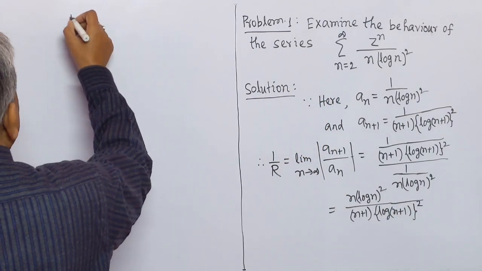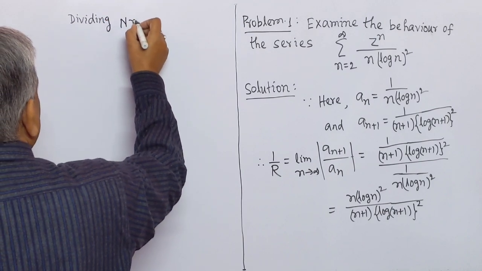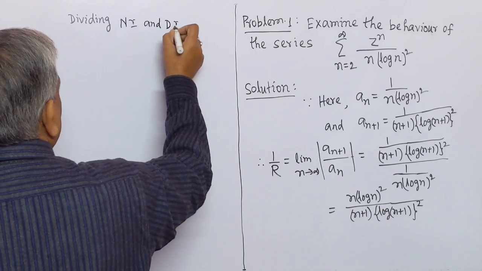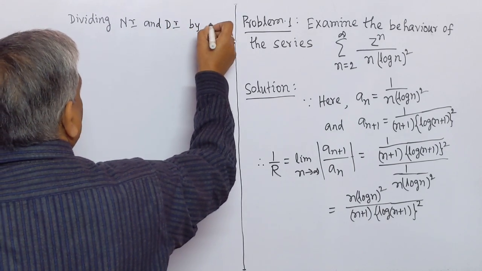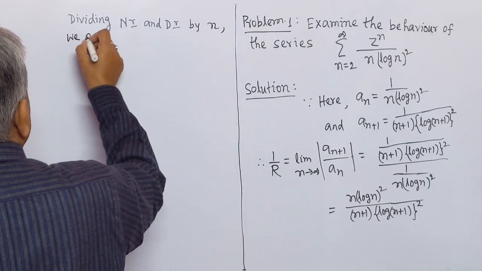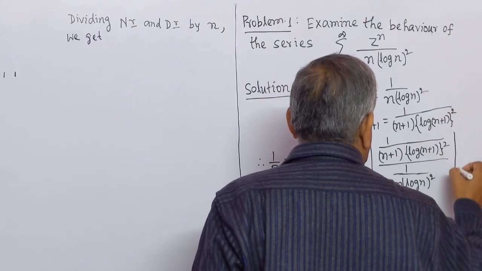Dividing numerator and denominator by n, we get, here we also use the modulus.